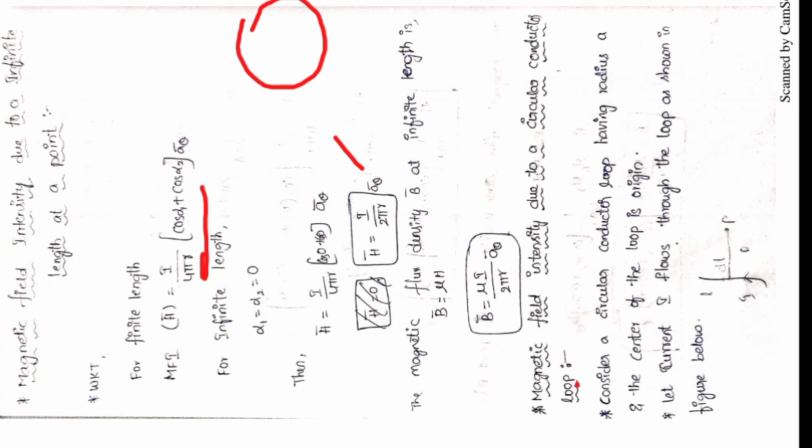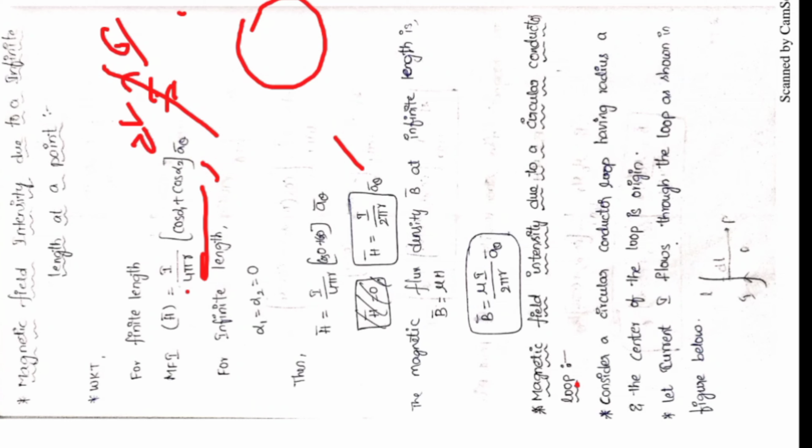How to understand this? If the conductor is of finite length, we consider a differential length dL of a conductor having current I, and a point P. L is the length of the conductor. Then the magnetic field intensity obtained is I by 4 pi r into cos alpha 1 plus cos alpha 2 a theta.